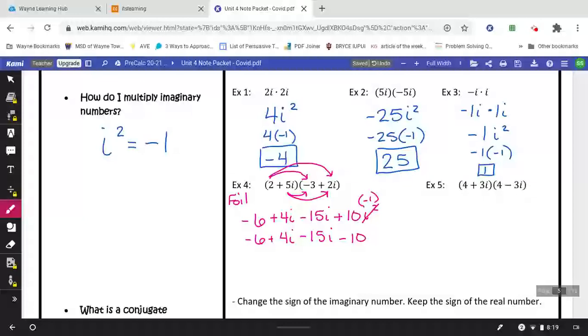So that positive 10i squared turned to -10. Then you can combine your like terms. Your real numbers, -6 and -10, make -16. And your imaginary numbers together make -11i. Make sure you don't square that when you're adding the i's. Only square the i's when you're multiplying.